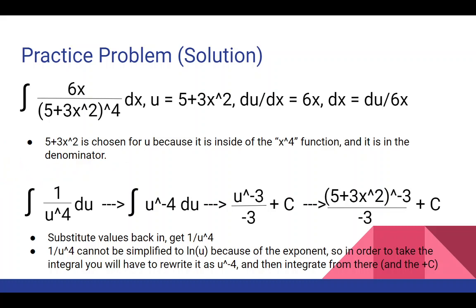And this is where I said it was different than the one before, because since u is being raised to the power of 4, this would not be equal to ln of u.